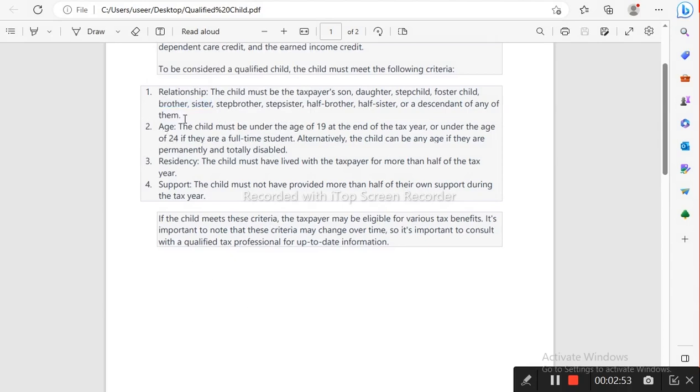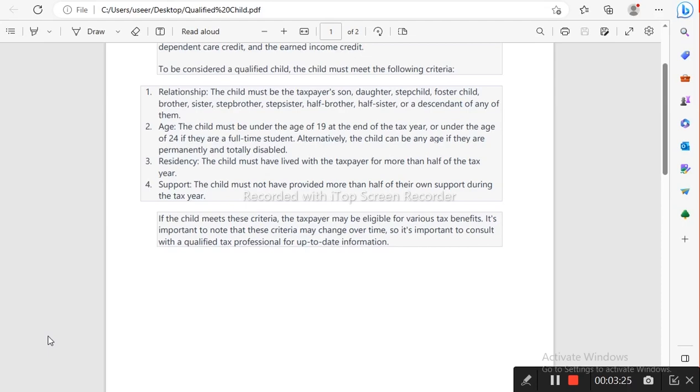Next is the age. First is relationship: that child must be the taxpayer's son, daughter, stepchild, foster child, brother, sister, stepbrother, stepsister, half brother, half sister, or descendant of any of them. The second test is the child's age. The child must be under the age of 19 at the end of the tax year for which you are filing, or under the age of 24 if they are a full-time student.